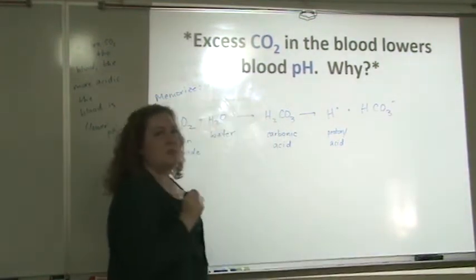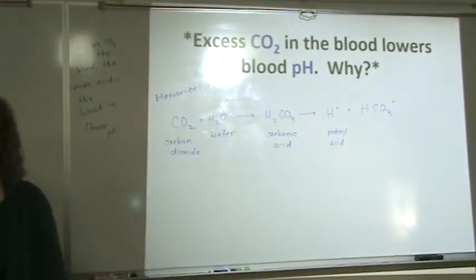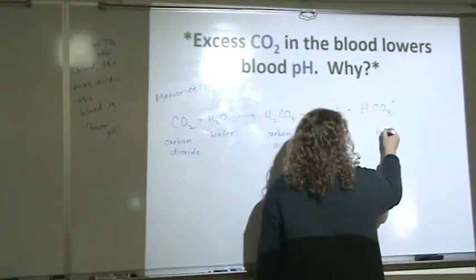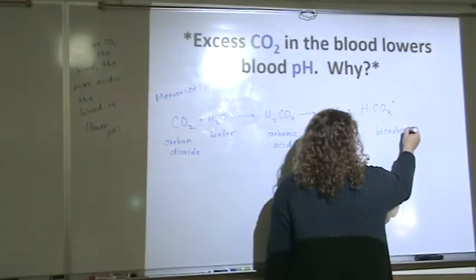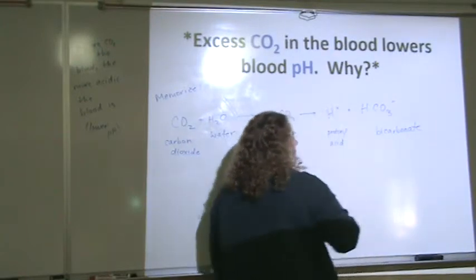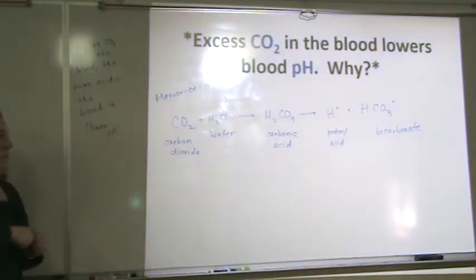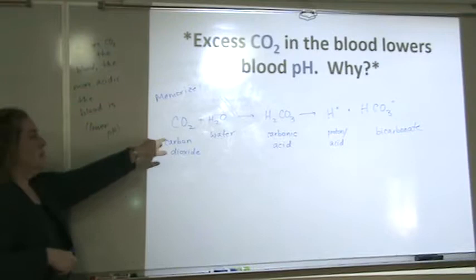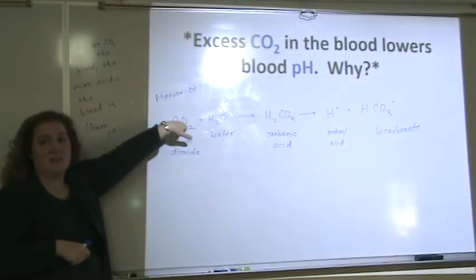This one you can call a proton or just acid, because acid is H plus, acid is protons. This one is bicarbonate. So when we say that 70% of all the CO2 in your blood is found in the form of bicarbonate, it was momentarily dissolved in the water in your plasma.